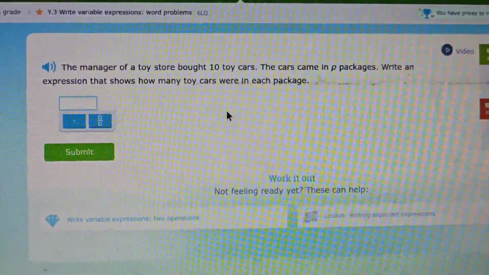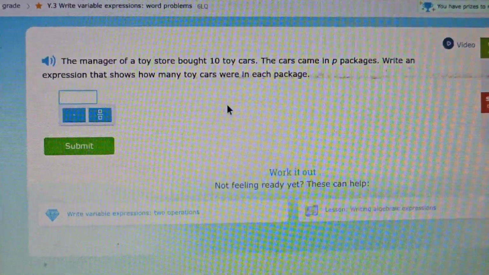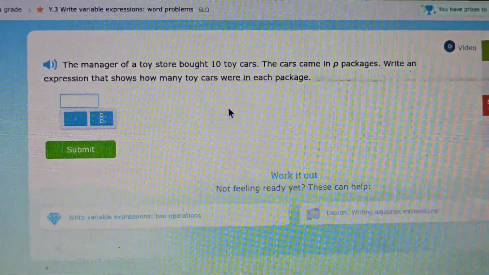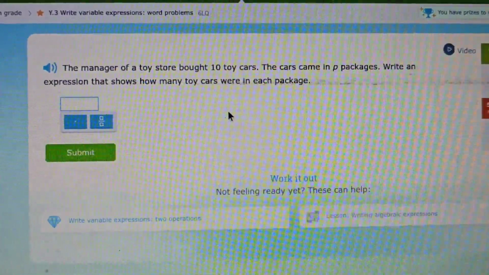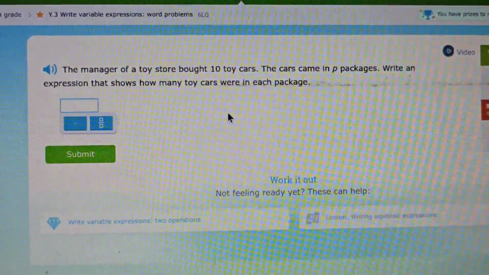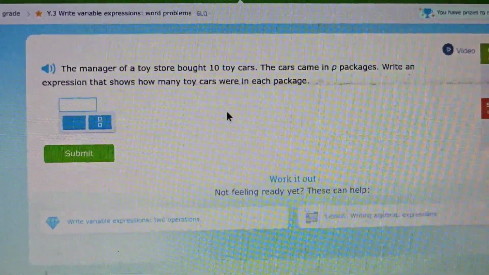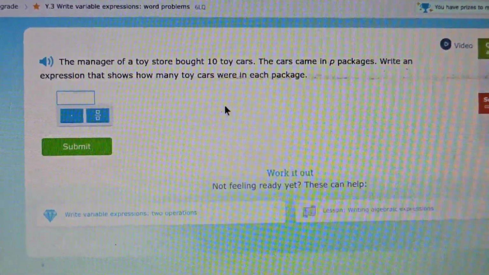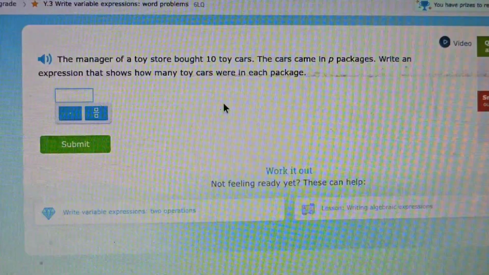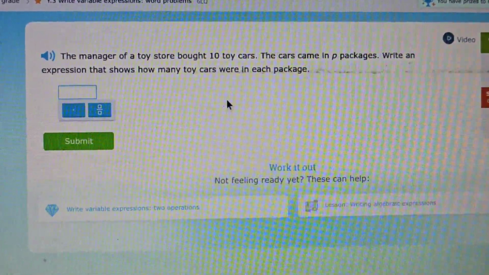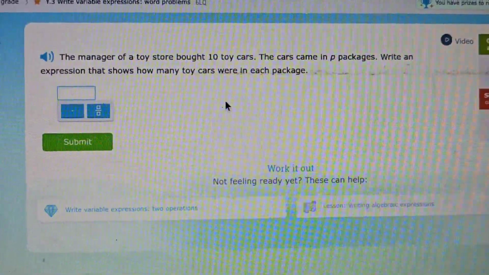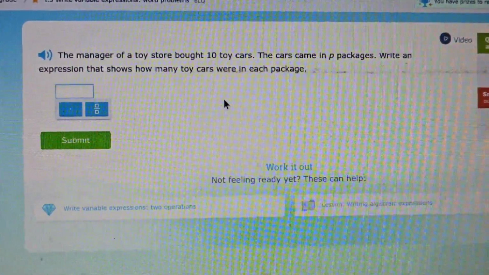So what we have to do is imagine. Let's substitute 3 into the P packages. What would make sense here? We have a total of 10 toy cars, and let's change it to 2. P equals 2.